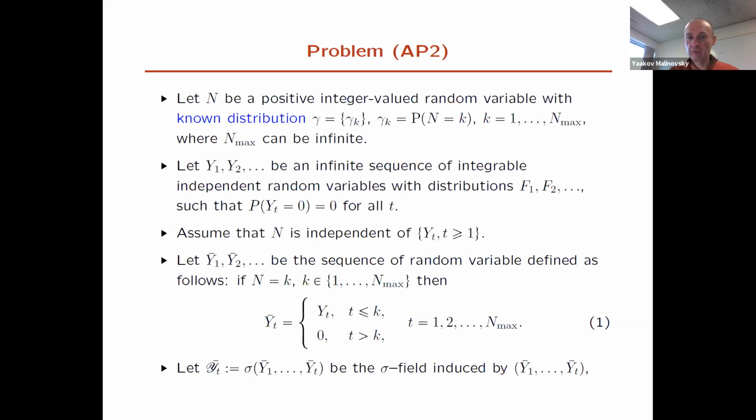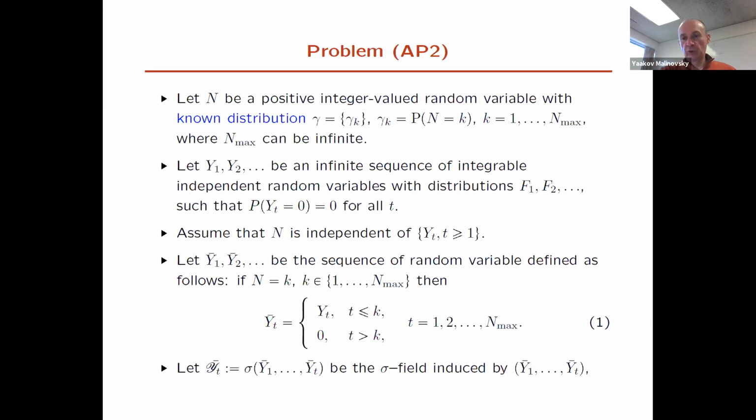I'm going to shortly explain the notation and then demonstrate using some example and show the reduction, how we can reduce the problem. So again, let N be a positive integer valued random variable with known distribution gamma. And now y1, y2, ... is again a sequence of integrable independent random variables with distributions f1, f2, and so on. Here we need different distributions.